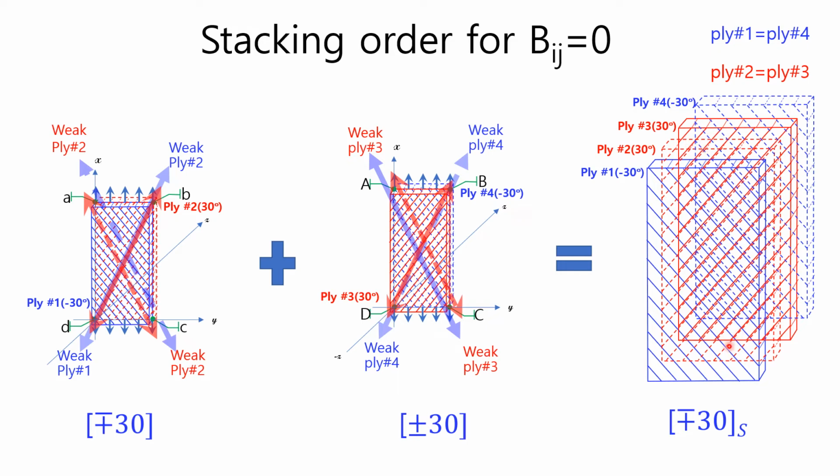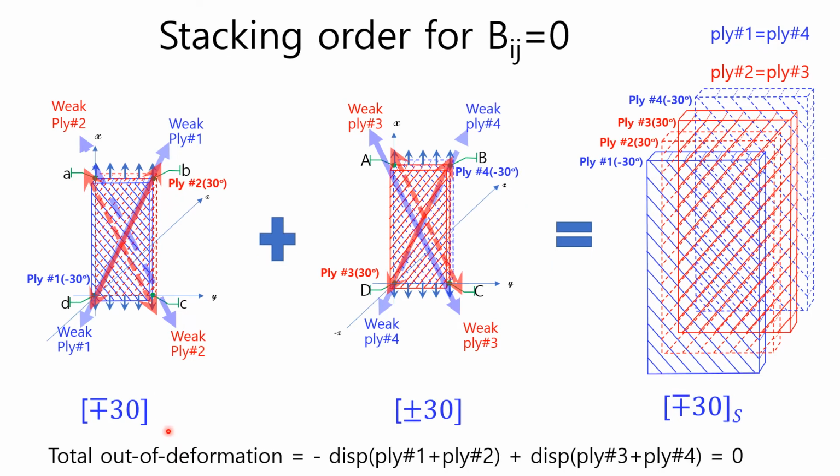The laminate code is minus plus 30 symmetry. When minus plus 30 symmetry laminate is loaded by tension force, all the out-of-plane displacements of ply 1 and ply 2 have exactly the same quantity, but the opposite direction to those of ply 3 and ply 4. Therefore, their effects cancel out each other.